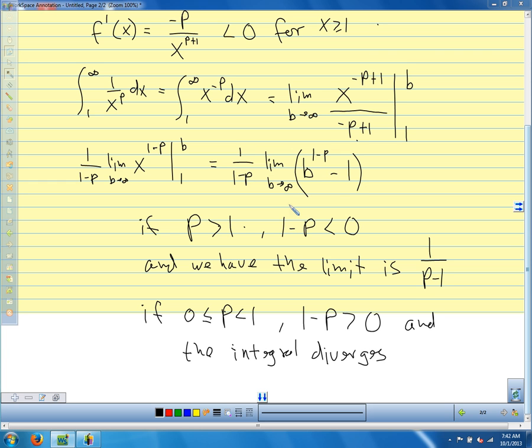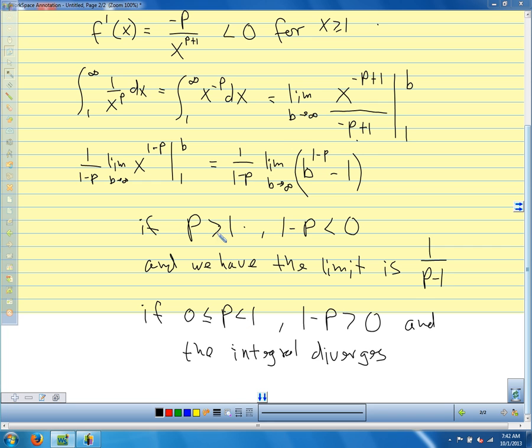For p equals 1, I get a limit of b approaches infinity of 0 over 0. Right, so that's why I took the equals off there. We need to test p equals 1 separately, and we've already done a direct proof that the series diverges when p equals 1. That's the harmonic series.